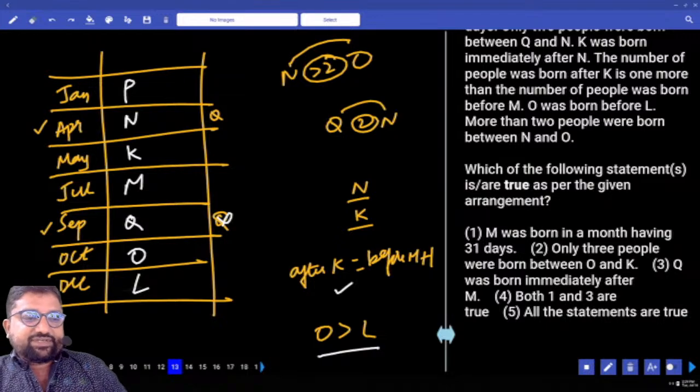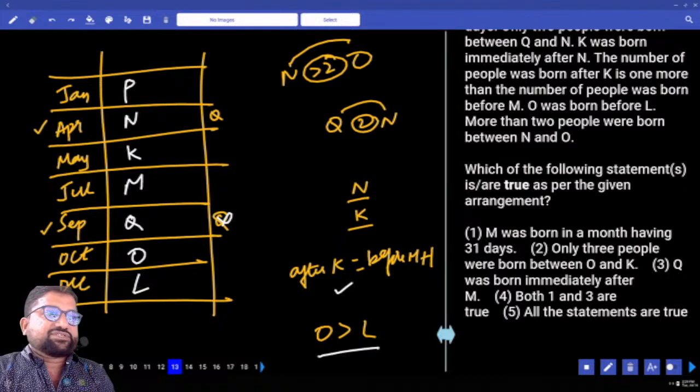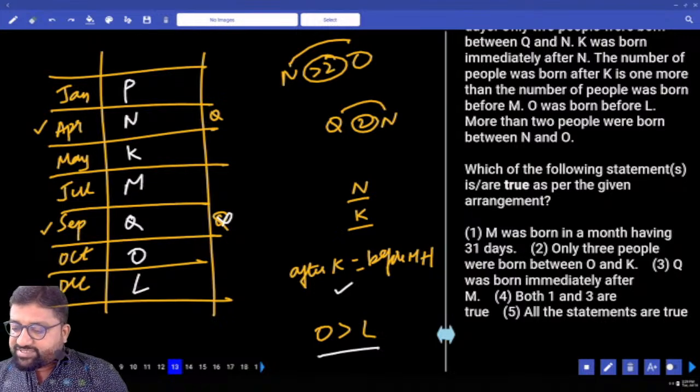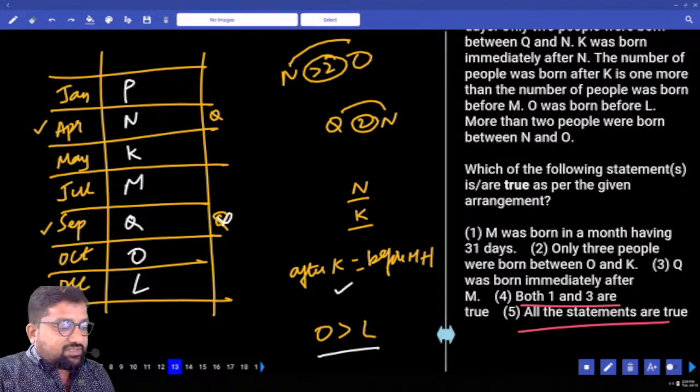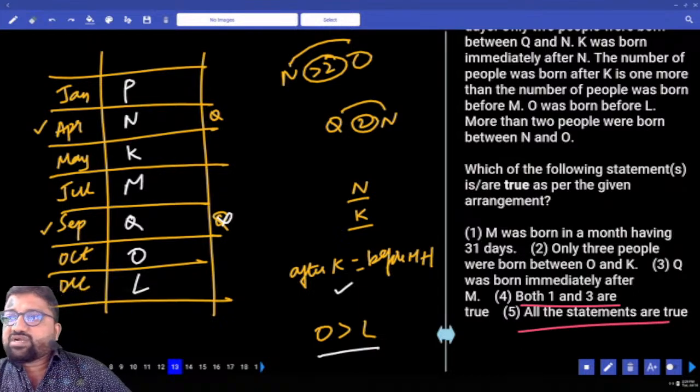31 days? Yes. And I told you yesterday, whenever your first option is the answer, please recheck the options or read the question again. First option most of the times will be a trap. There is one option which says both 1 and 3. There is one option which says all the statements are true. If I read 2 and it is also true, then I need to go for the fifth option.